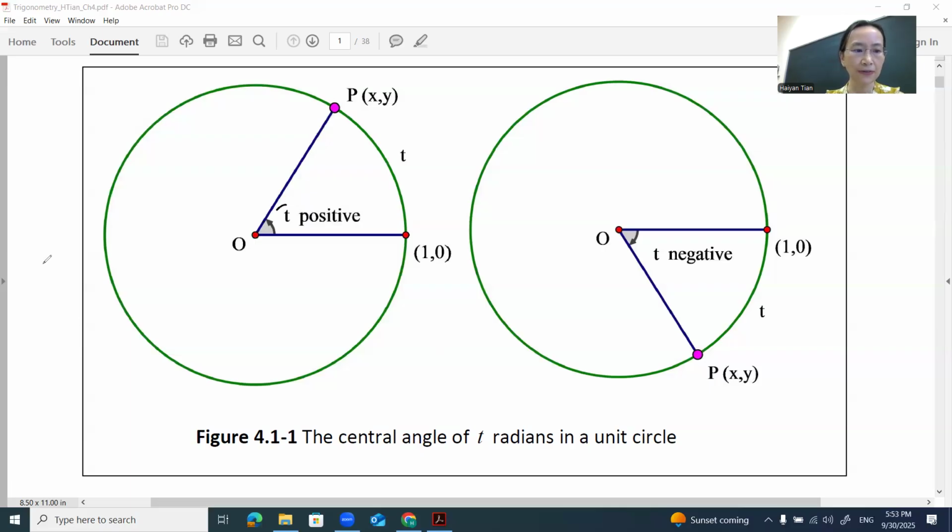So if we have t, we want to find sine t and cosine t. Assuming this is the center, we place the angle in standard position. This is the initial side.